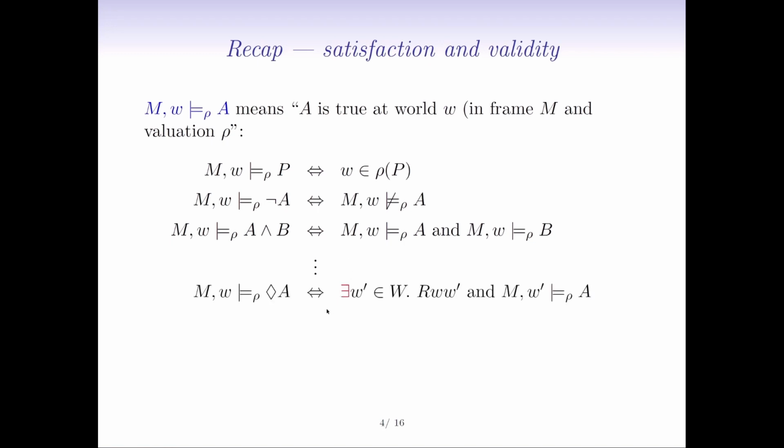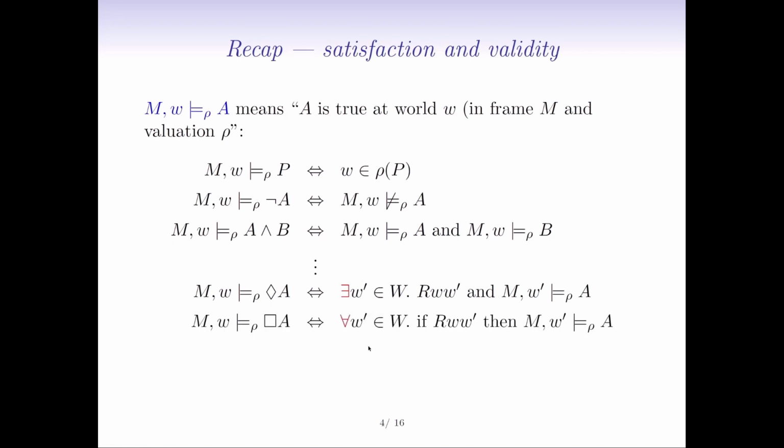And then for the modalities, we actually use the accessibility relation in the frame. So W makes diamond A true if there is at least one world, W prime, which is accessible from the current one, and W prime makes A true. So A is true at the world W prime.